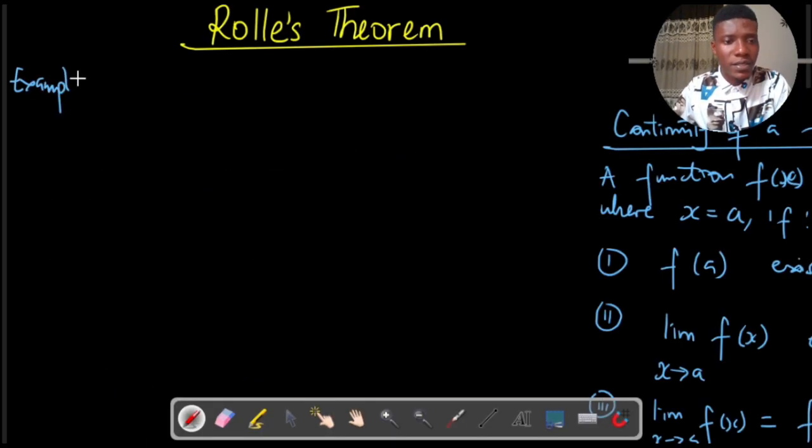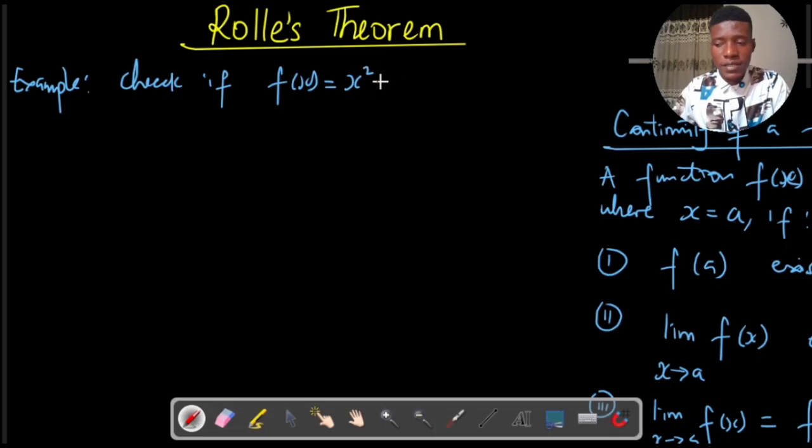Let's take a look at this example. Check if f of x that is defined as x squared minus 3x plus 2 is continuous at x equals 1.